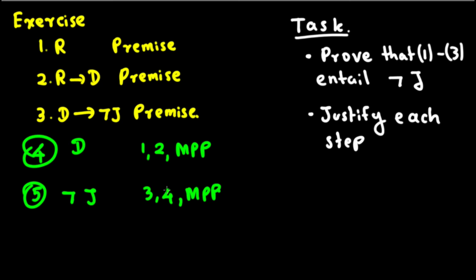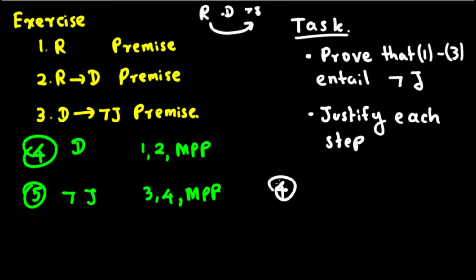Okay, now we can use hypothetical syllogism. By hypothetical syllogism, what you can do is 2, 3. We have R arrow D and D arrow not J. So by hypothetical syllogism, you can see that if you have R, D and not J, it's like jumping from here to here directly.